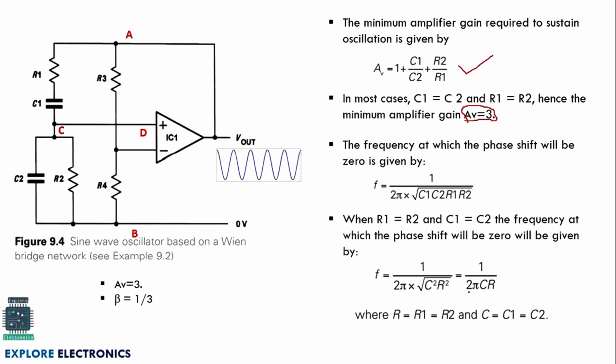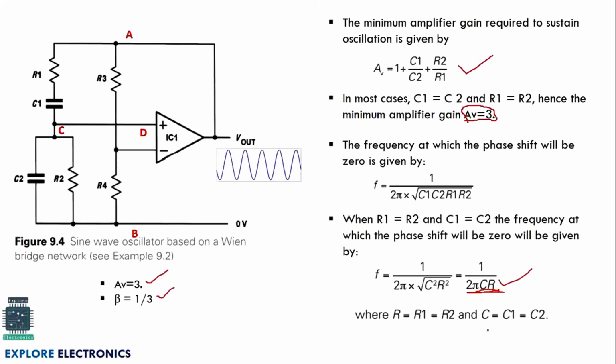So this is the expression we are going to get for the frequency. This frequency signal is going to be generated when Av is 3 and beta we adjust to 1 by 3. This satisfies the condition of oscillator. This is how the Wien bridge oscillator is going to produce oscillation when R1, R2 are equal to R and C1, C2 equal to C.